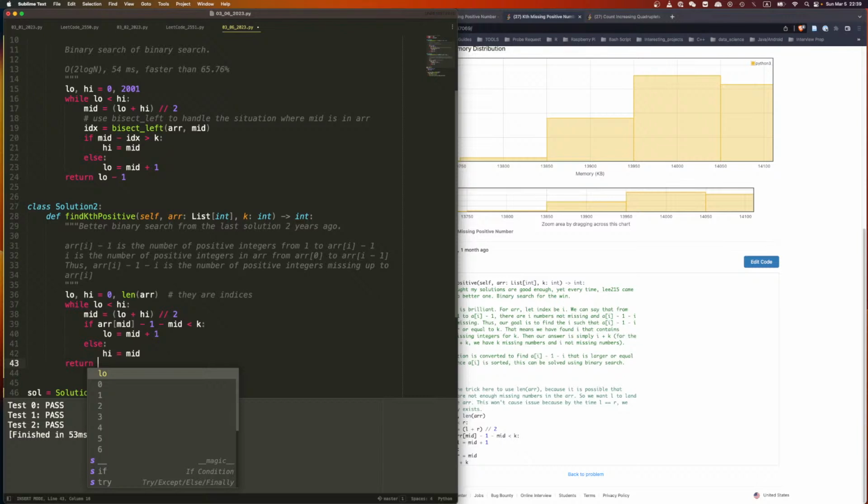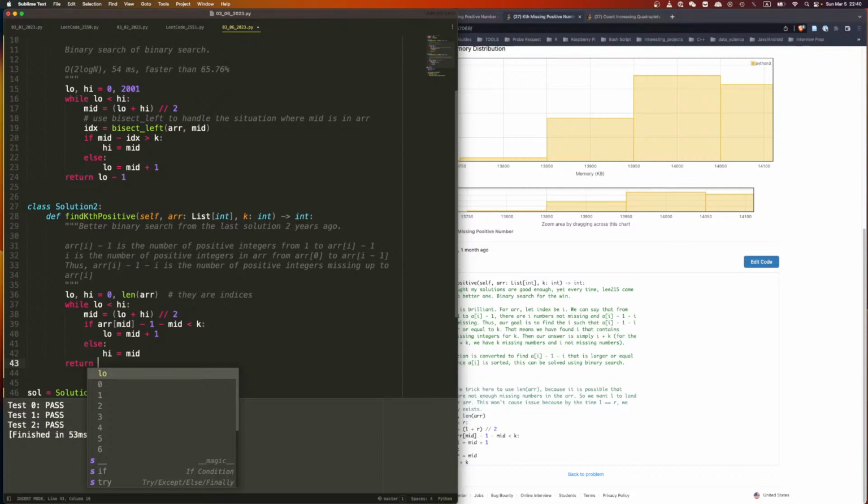So we have from this value minus mid. So whatever we come out, we need to have k missing, right?